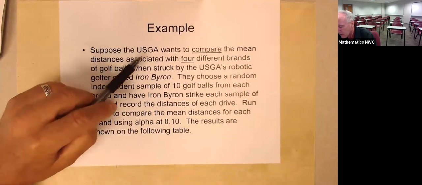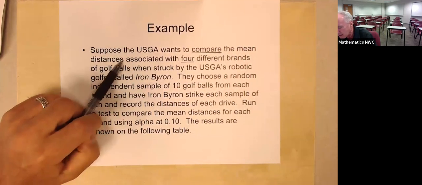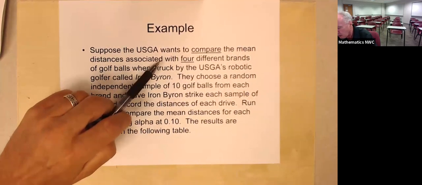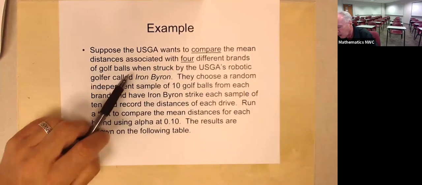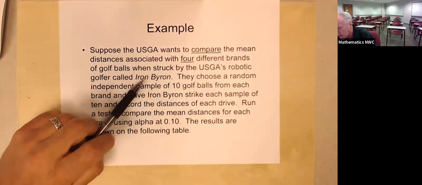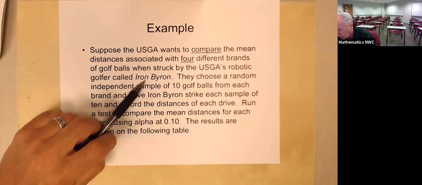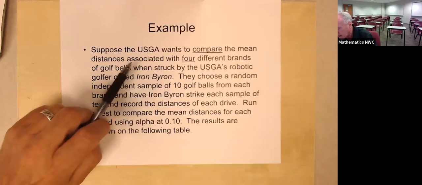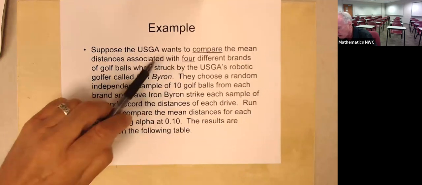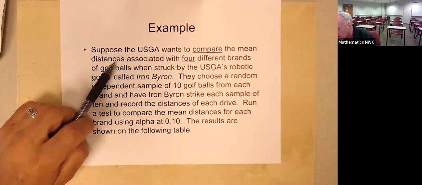USGA wants to compare the average distance, the mean distances associated with 4 brands of golf balls. So they use a robot to hit these golf balls. They call the robot Iron Byron. The idea is they want to see the distances. Do certain brands naturally go a greater distance than other brands of golf balls?